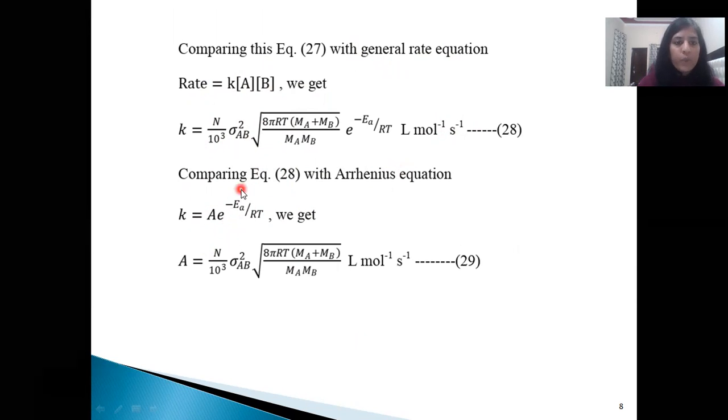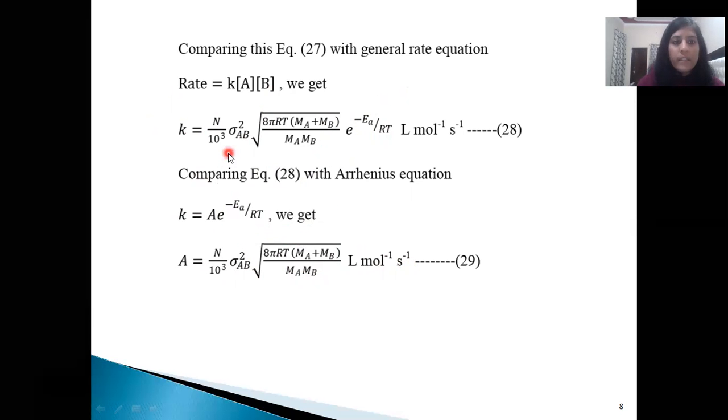On comparing these equations, the left hand sides are equal, and this exponential factor gets cancelled by this exponential factor. So the remaining term is A is equal to N upon 1000 sigma squared AB under root of 8 pi RT (M_A plus M_B) upon (M_A into M_B), in liter per mole per second.